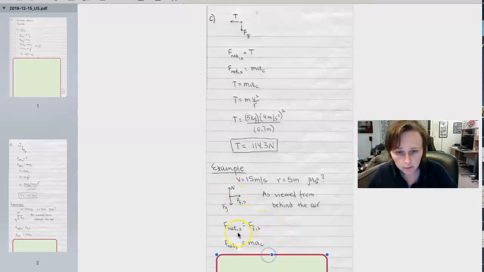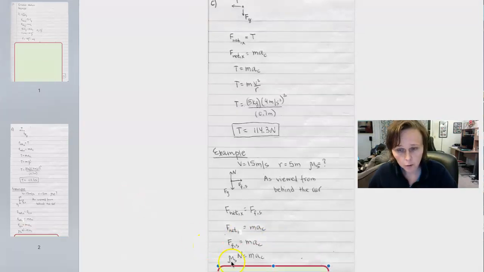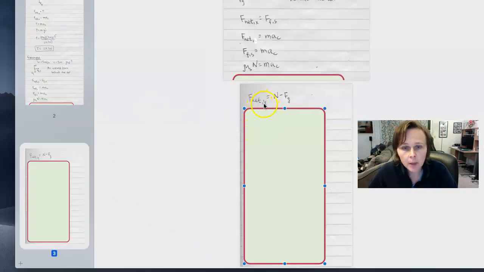Let's write the net force in the x direction, which is only the force of static friction, and it equals the mass times the centripetal acceleration. On the other hand, the force of friction equals mu, the coefficient of friction, multiplied by the normal force. And we can see that we need to find the normal force.